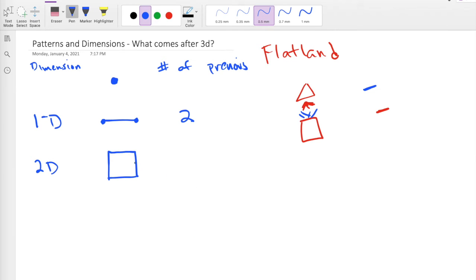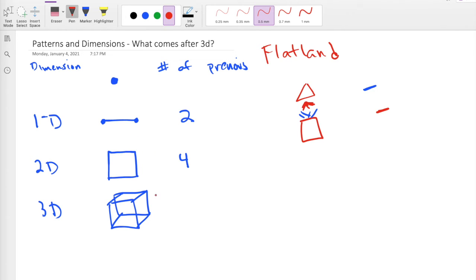So how many of the previous shape did we use to make this square? We use 1, 2, 3, 4 lines to make a square. And we go to 3D, or a three-dimensional shape, and it would be something like a cube. A cube has length and width, but then it also has height, so it would be the same as the one before it, only it would go back in another dimension.